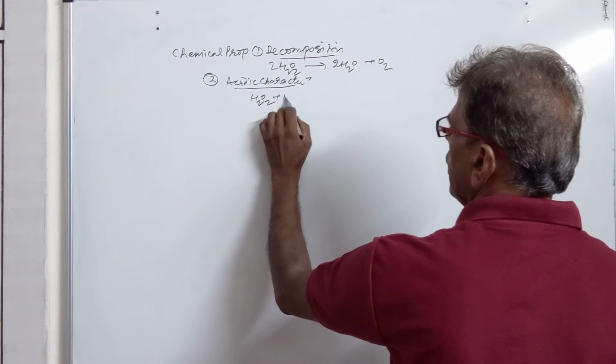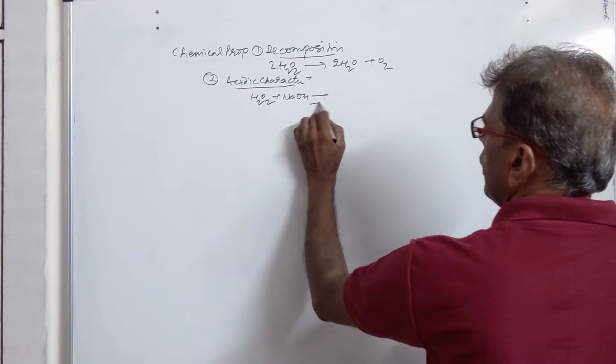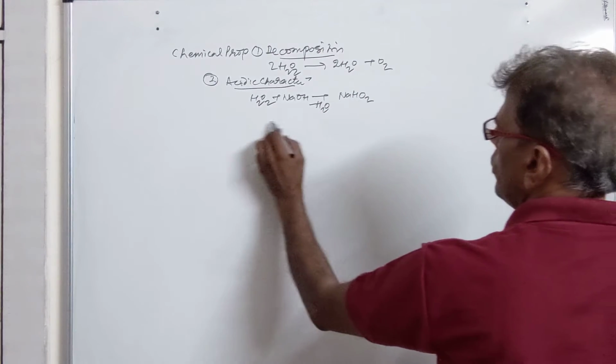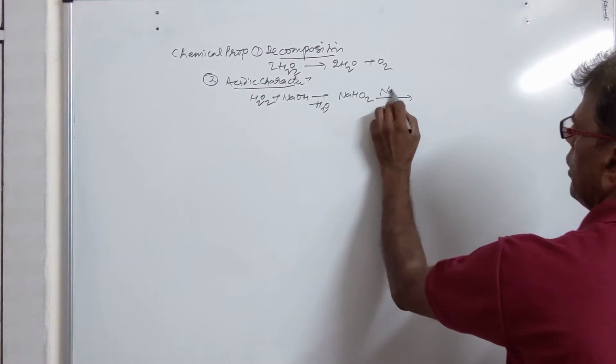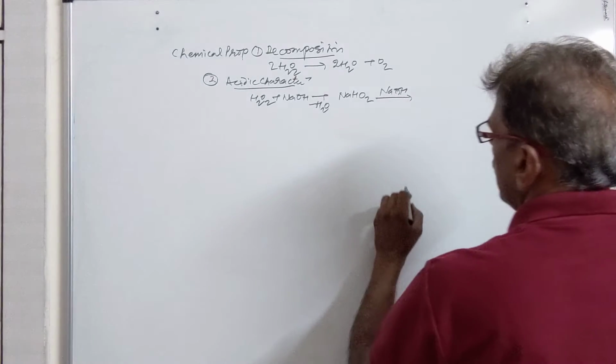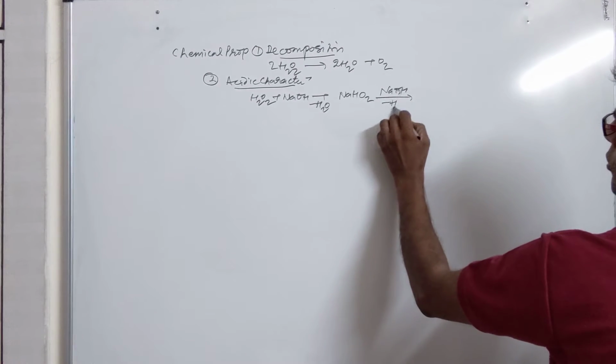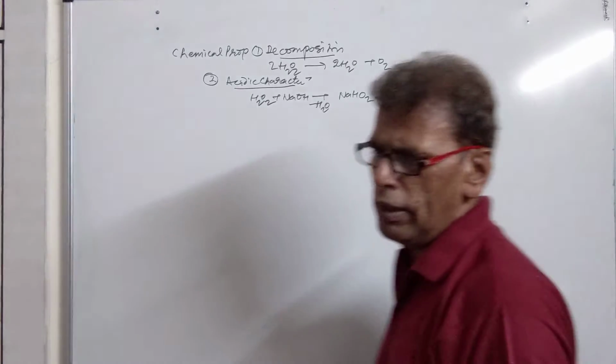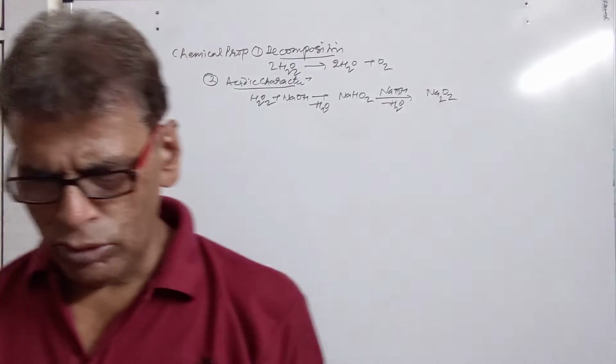H2O2 combines with NaOH, releases water and gives NaHO2. It further combines with NaOH and will release one more hydrogen here and will form Na2O2. This shows the dibasic nature of the H2O2.